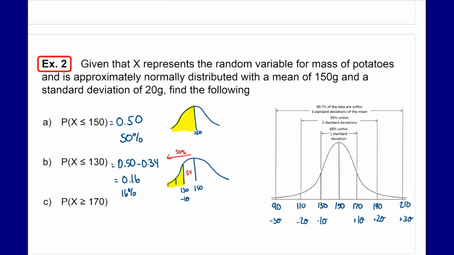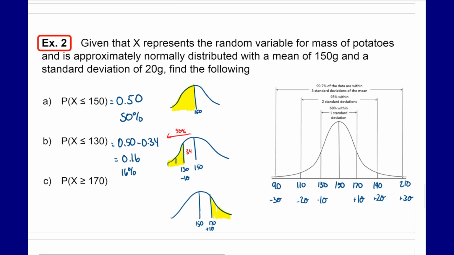The next one, the probability of a potato weighing more than 170. So this is very similar to the one we just did. 150. I'm looking at 170, which is 1 standard deviation plus, though, so above. And I want to find for more than. Again, similar idea, right?